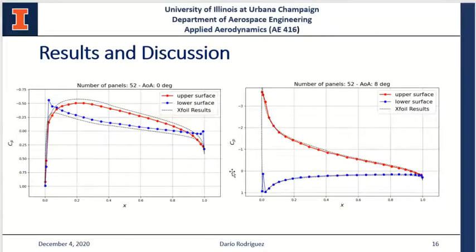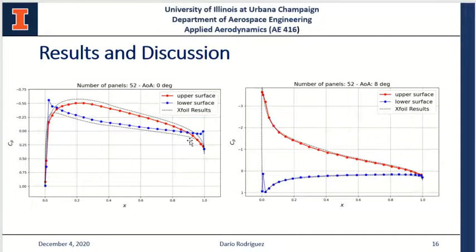These last two plots show the pressure coefficient distribution over the NACA 2412, both for 52 panels, but in this case, this plot is for an angle of attack of 0 degrees, and this right here is for an angle of attack of 8.